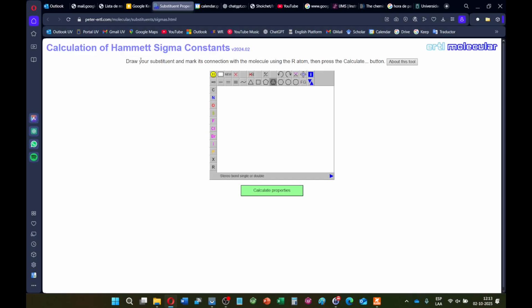The substituent that we want to predict is a nitro group. A nitro group has oxygen, oxygen, nitrogen, and here it would be connected to the rest of the benzoic acid. We calculate its properties. Here sigma is positive: 0.71 in position meta and 0.78 in position para.